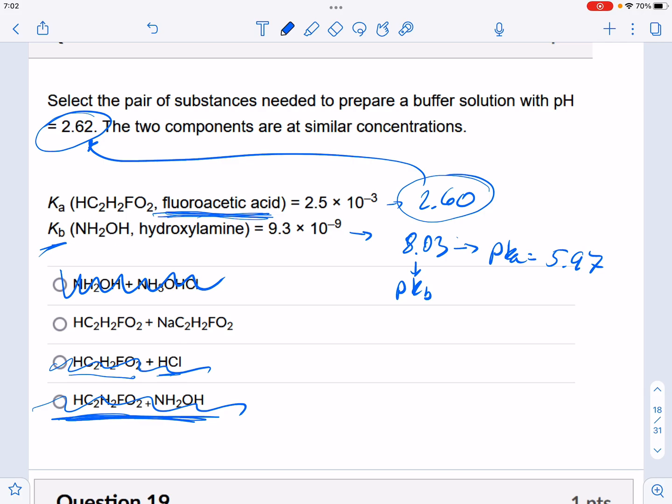And this one would be the correct one, because you have HA and you have A minus. That's what you need to prepare this buffer. You have similar concentrations of those two components. With a pKa of 2.60, if they are equal concentrations, you are almost right on the spot.